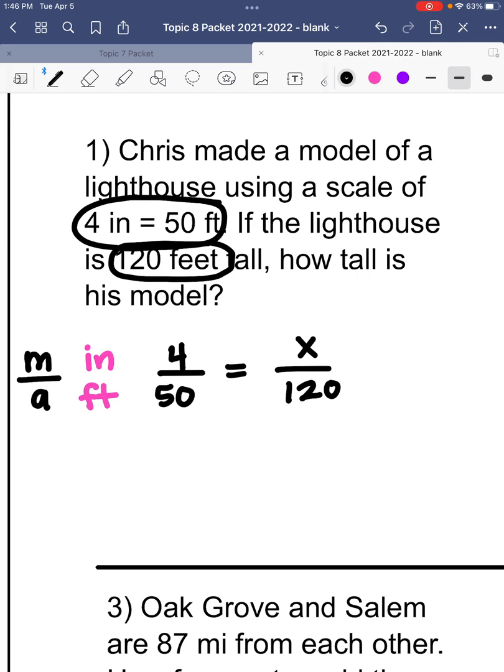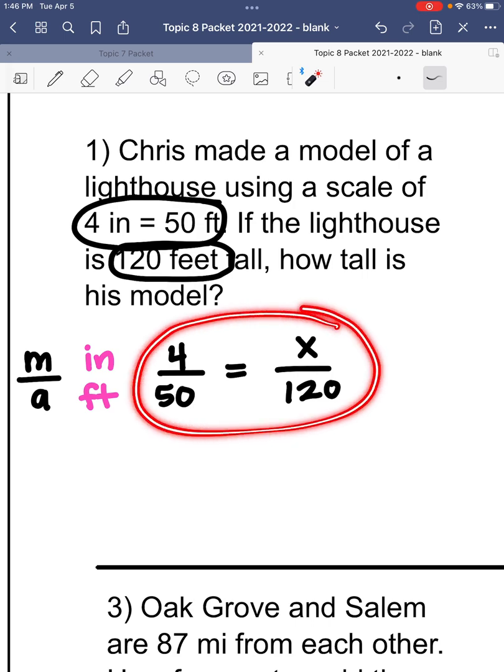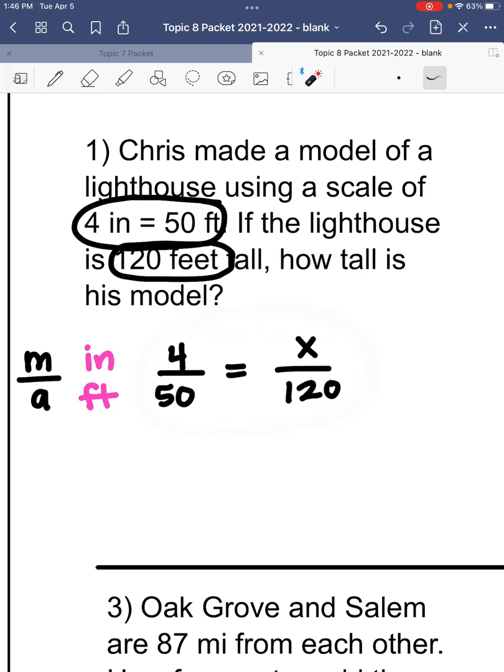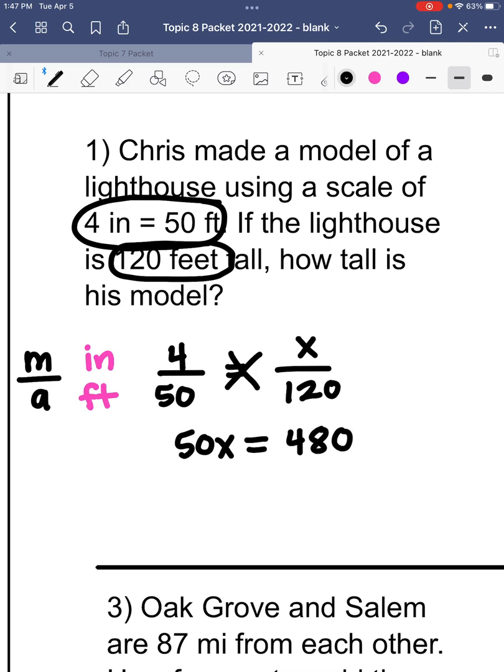So now that I have this proportion set up, I can cross multiply to find the value of x. So to cross multiply, we're going to multiply 50 times x, and that's just 50x. And I set that equal to 4 times 120, which is 480. Now to get that x by itself, I'm going to divide by 50 on both sides.